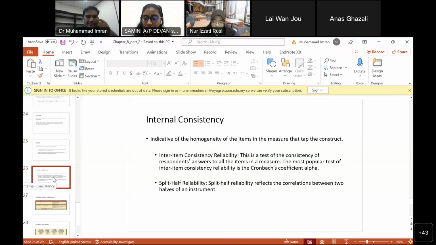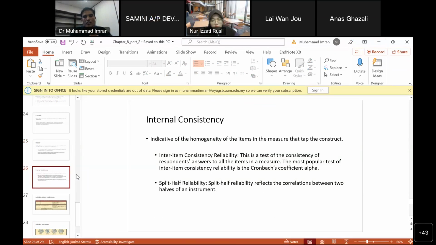Okay, internal consistency is indicative of the homogeneity of the items in the measure that tap the construct. Maybe that should not be the same construct. If it is the same construct, it means there is no use for so many questions. If two questions have the same meaning, it means we don't have internal consistency. Inter-item consistency is a test of the consistency of the respondents' answers to all the items in the measure.